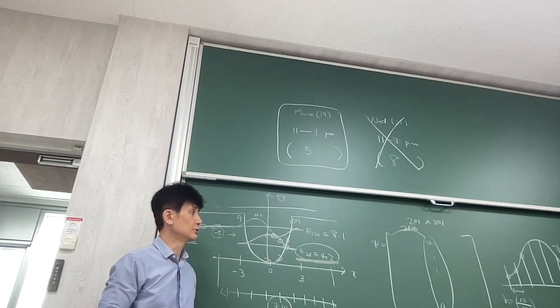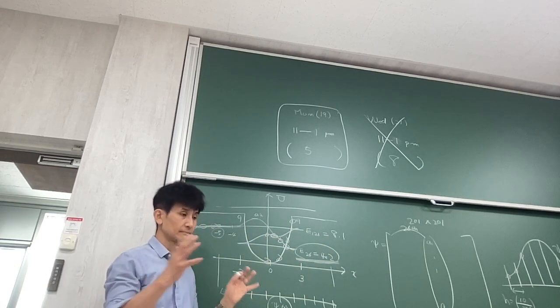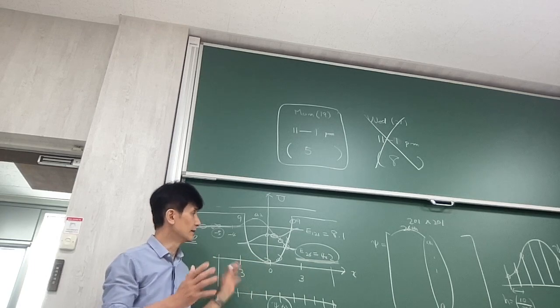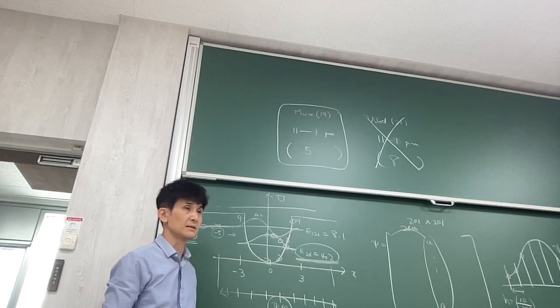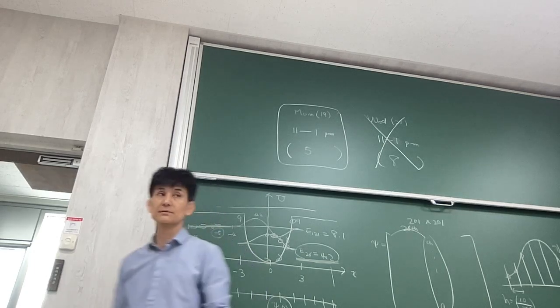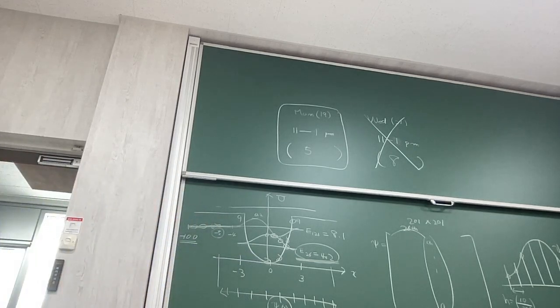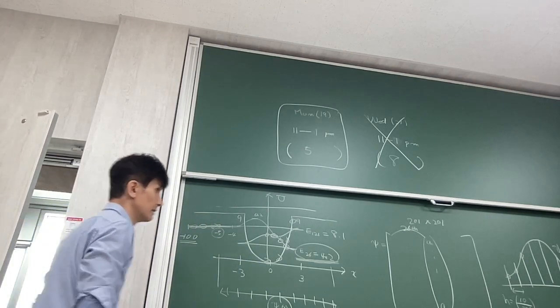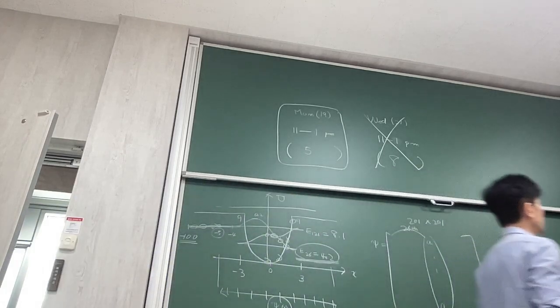So you need to decide how many data points you need and what the range of x parameter is for a given problem. That can be decided from your experience. So that's the situation we have.